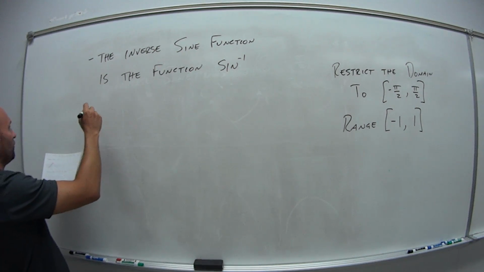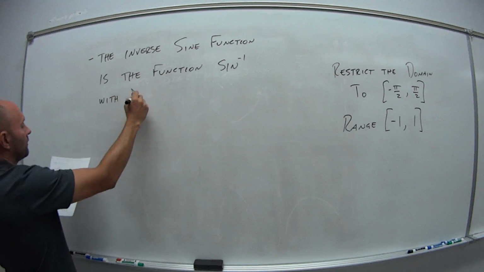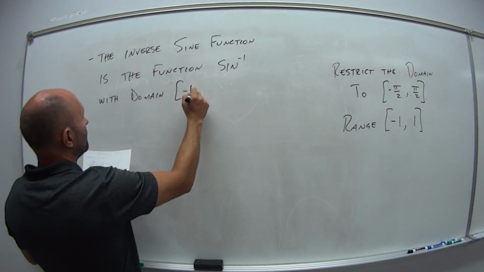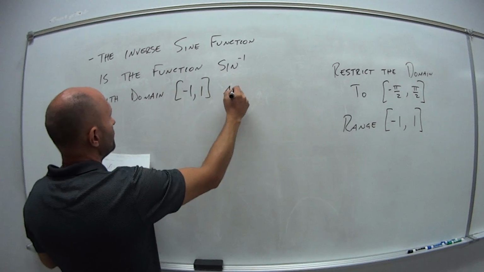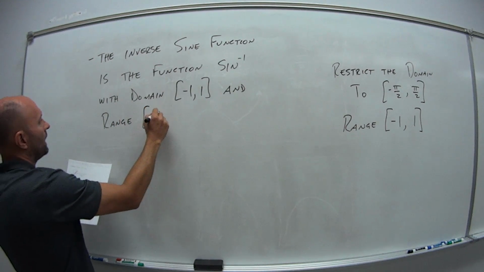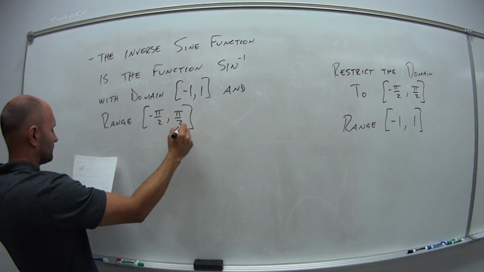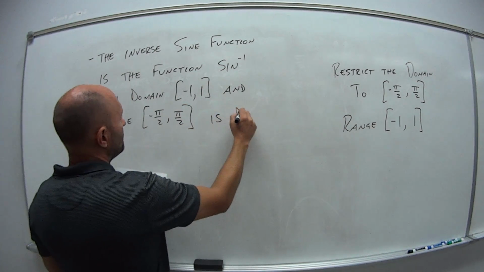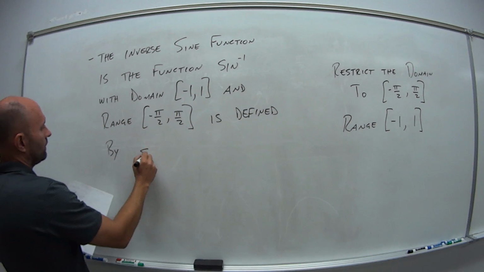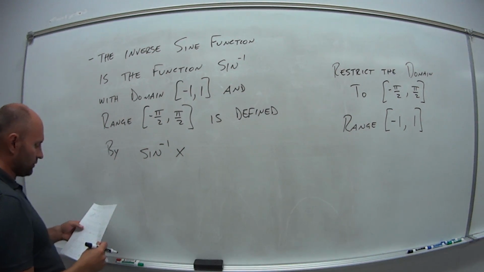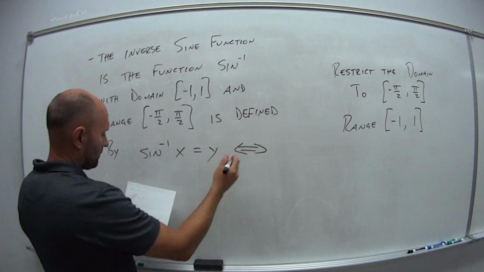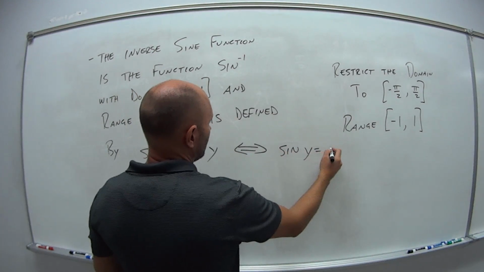So this function with domain -1 to 1 and range minus pi over 2 to pi over 2 is defined by sine inverse of some value x equals y implies that sine of y is equal to x.